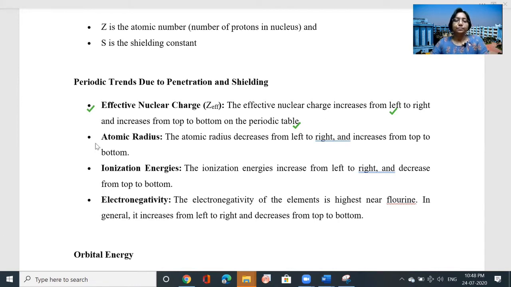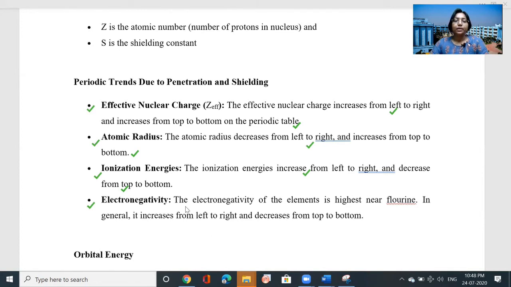Next, the atomic radius. The atomic radius decreases from left to right and increases from top to bottom. Ionization energies increase from left to right and decrease from top to bottom.